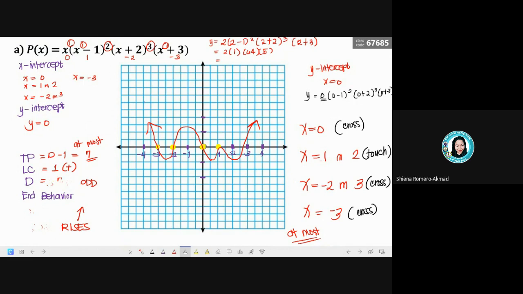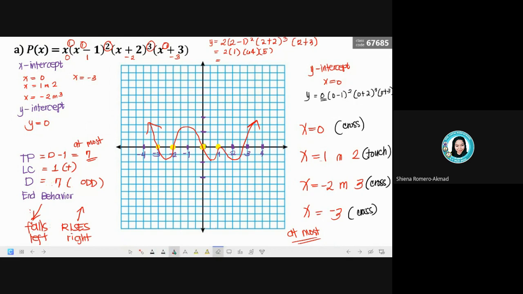Galing, may eraser pala dito. Hindi ko na siya ma-erase kasi kinlip ko na siya kanina. So, dapat 7 and it is an odd number. So, dapat rises yung right, and falls yung left. So it shouldn't be like this. Hindi ko na siya ma-erase, no?